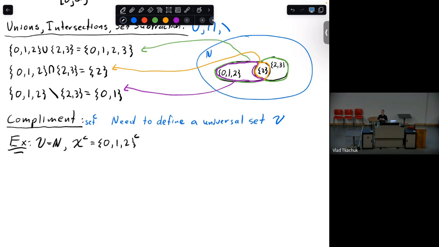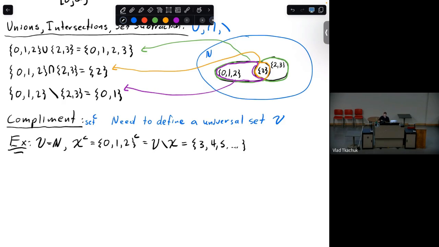What is that? It's just everything in the natural numbers excluding this set. One other way to write this is you would write the universal set and set subtract the calligraphic X. So what you get is something like the natural numbers but missing a few things: it starts at 3 now and goes all the way up to infinity, all the natural numbers after.